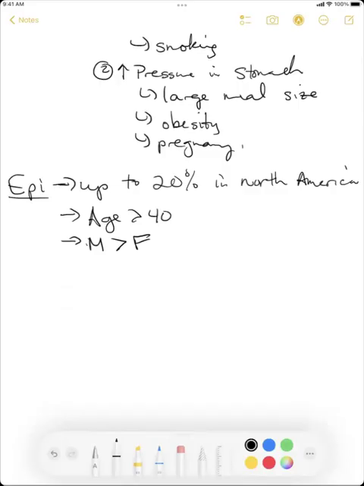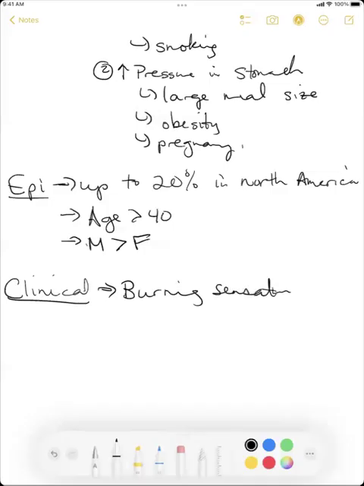Some people present with symptoms of reflux, meanwhile, they may be having a heart attack. From a clinical perspective, it presents with a burning sensation in the abdomen and chest.